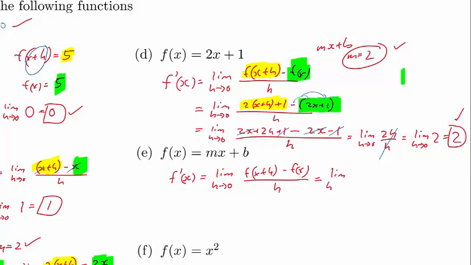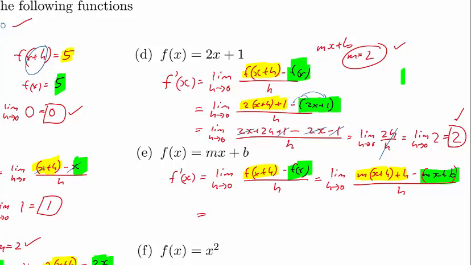All right, so the limit as h goes to 0 of m times x plus h plus b minus mx plus b. And let's put the parentheses up because we do need to distribute that negative sign just like we did before.